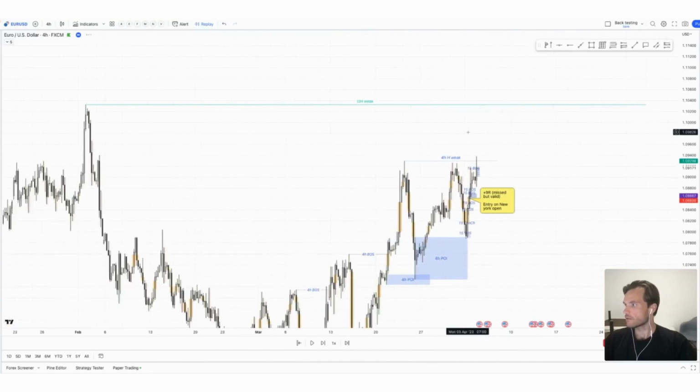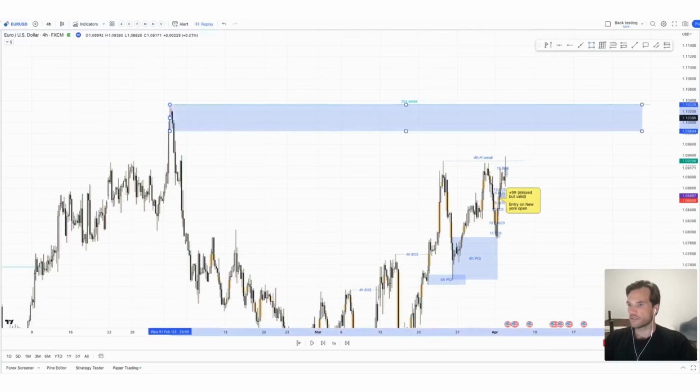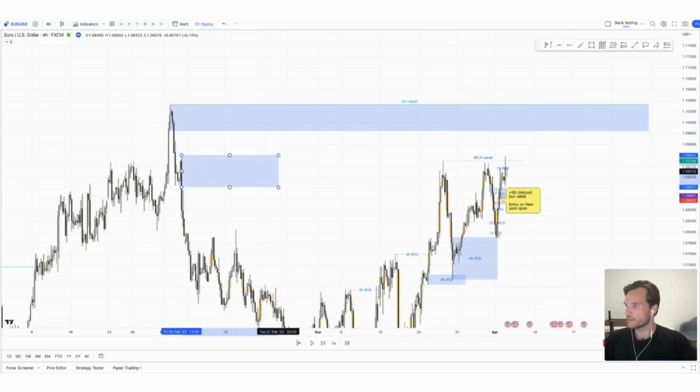I guess we didn't mark out that. This would be the last sort of bearish point of interest that we may reject from before taking the high. Is this fully mitigated now? Sorry, I didn't mark these up at the start. And pretty much fully mitigated, so we'll just leave that over there.